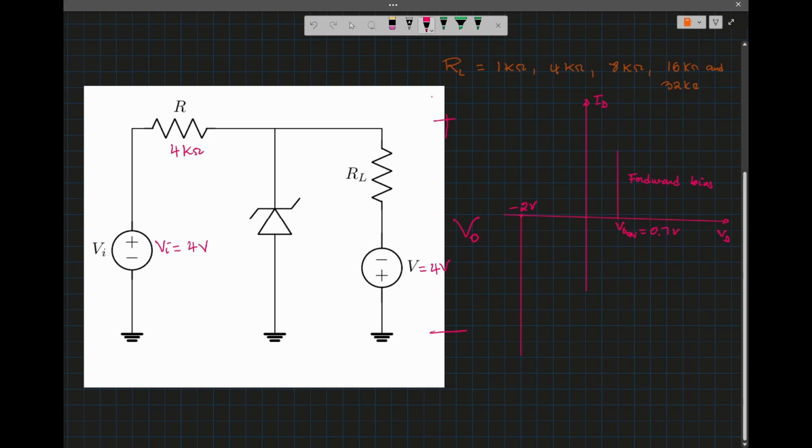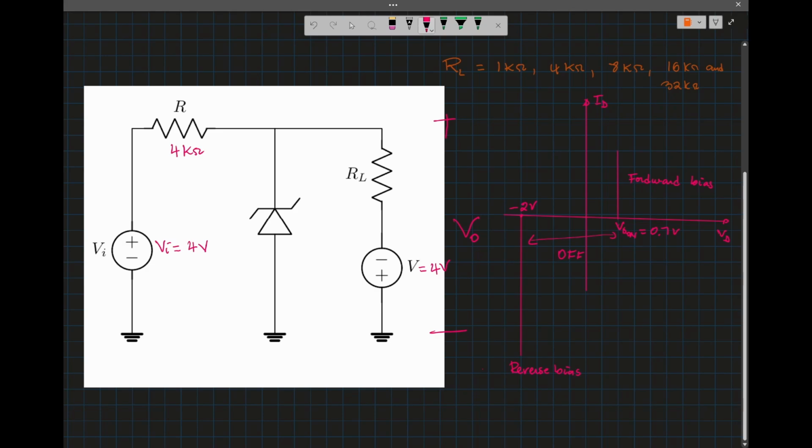So the diode has 3 states. We have reverse bias, forward bias, and the diode is off when the current is 0.